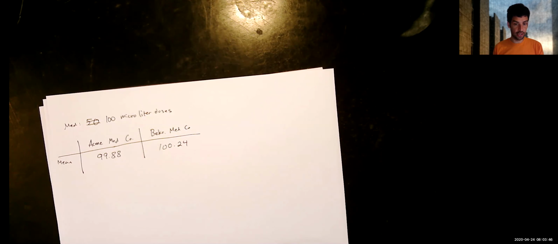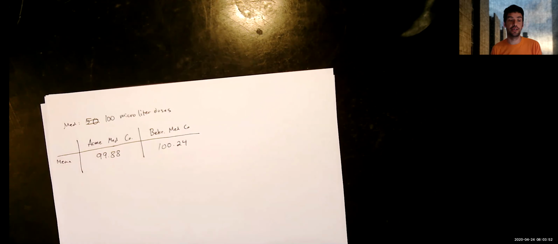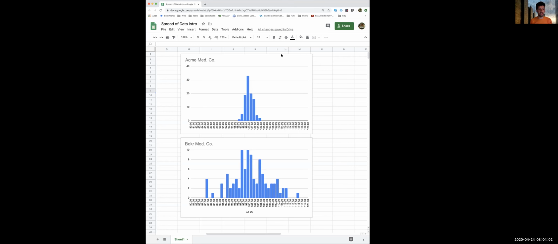So let's look a little bit closer at this data. Now I've reported to you just the mean. Let me report to you instead the histogram of the data. Now we're looking at the histograms of these two companies.